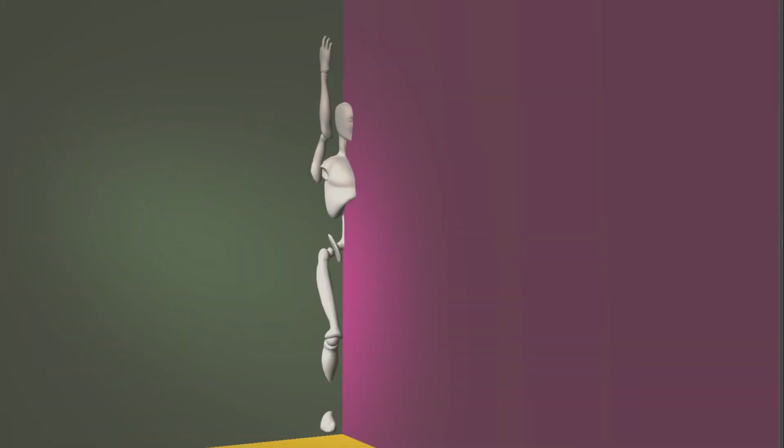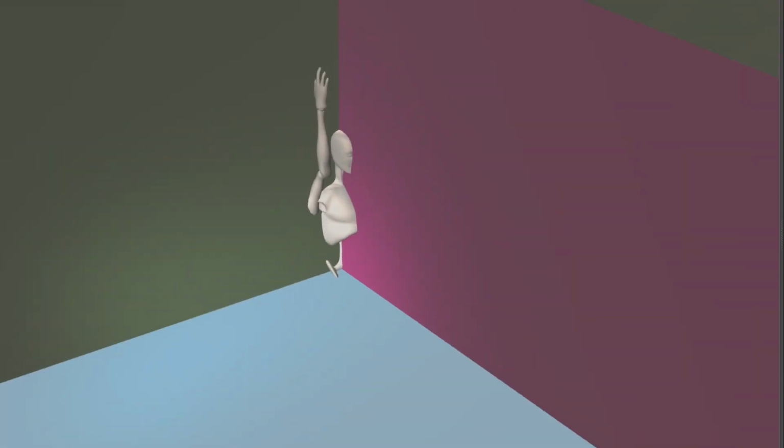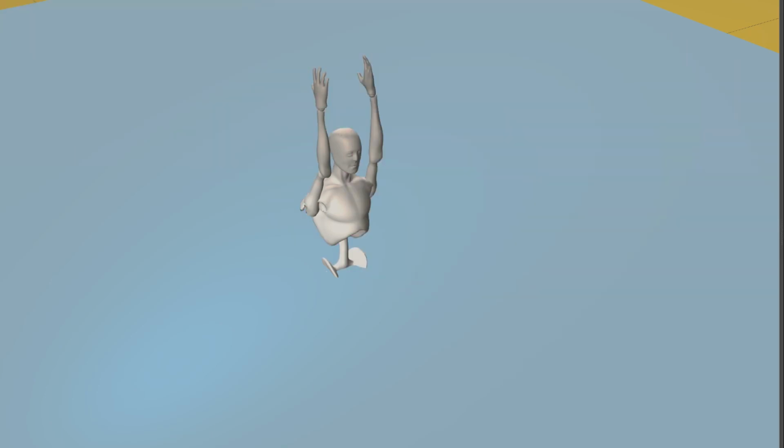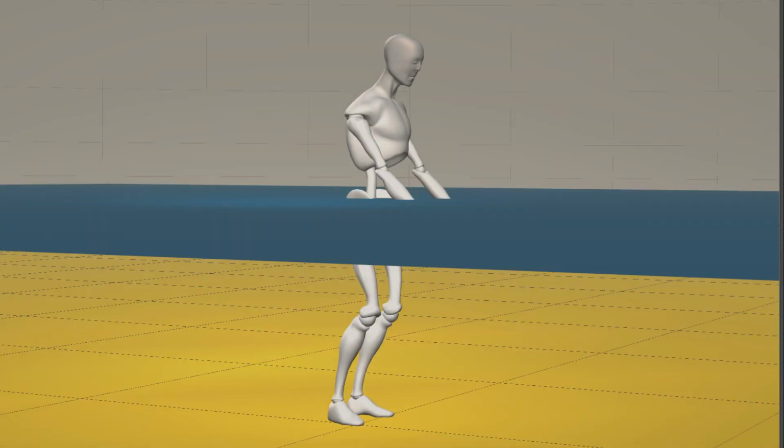The last plane of motion that we have is our transverse plane. The transverse plane divides our body into a top half and a bottom half. Motions would have to cross the center line, if you will, of the body in order for it to be a transverse plane motion. So if we turn off our frontal plane and our sagittal plane, and all we look at is this transverse plane, again, we'd have to have motion that mirrors that in order for it to be considered a transverse plane motion.